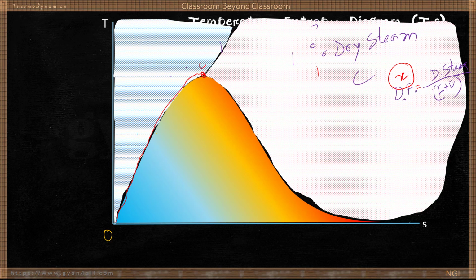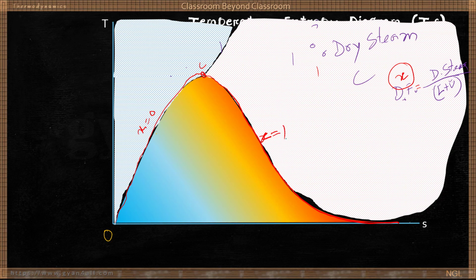So this liquid line, up to this point C, the critical point, simply we can write x equal to 0. That is enough. Everybody will understand. What is x equal to 0? That means we are telling that this is the liquid line. And this line from C onwards we can write x equal to 1.